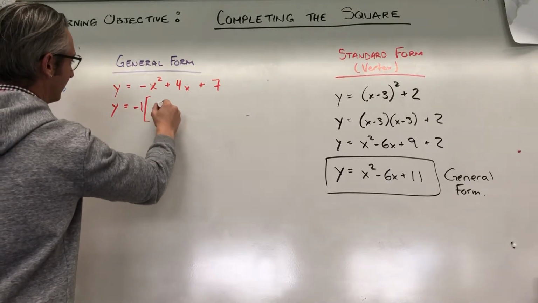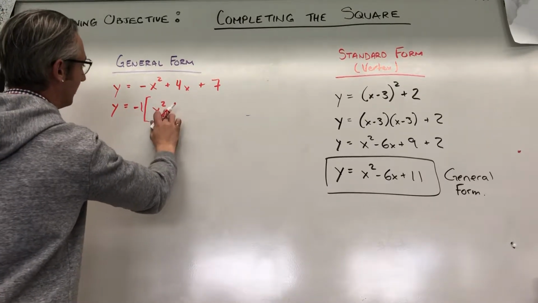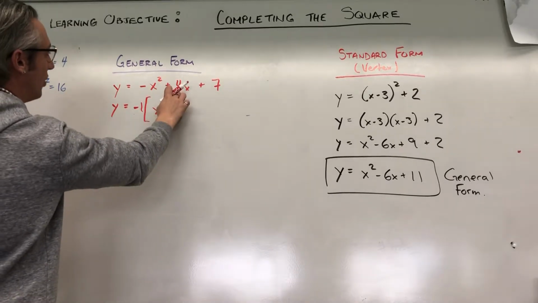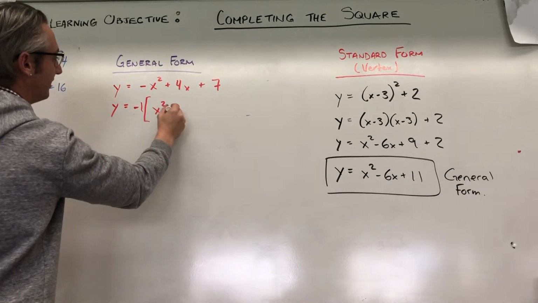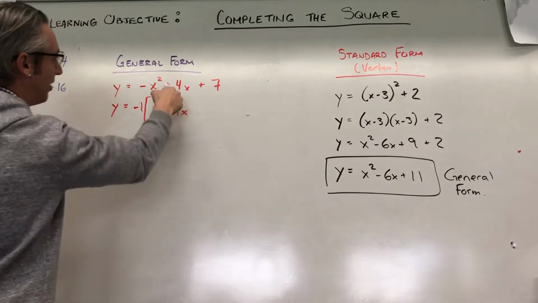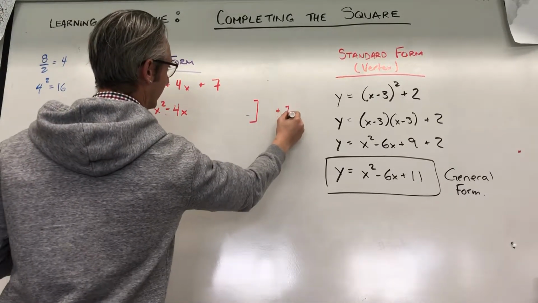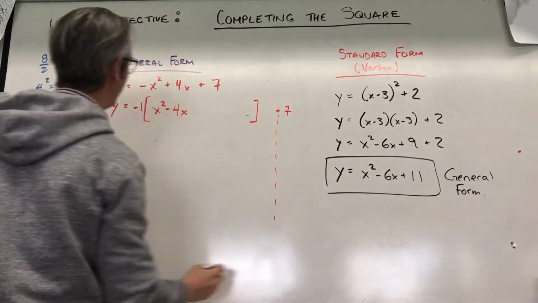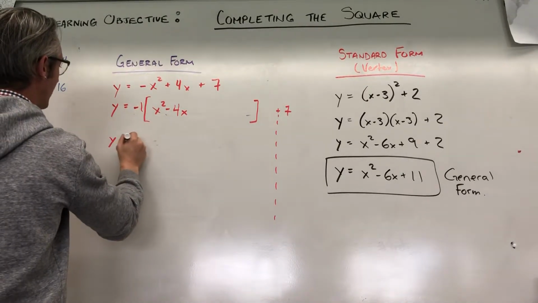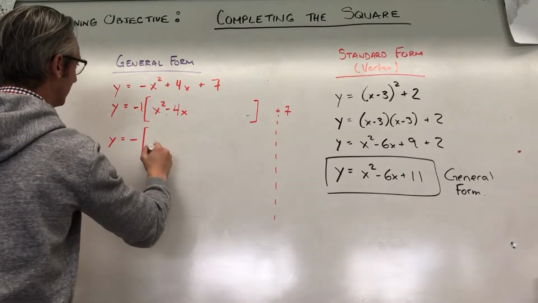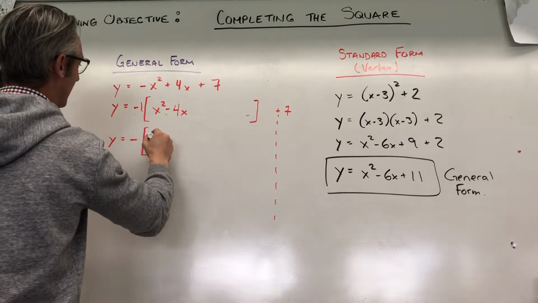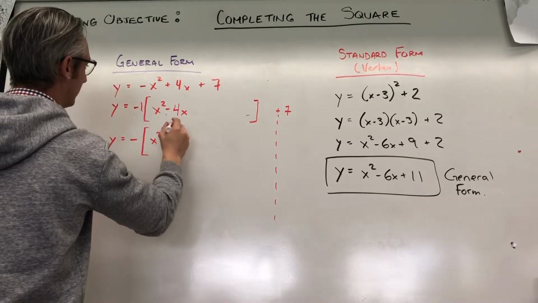So then I can do x squared plus, so negative 1 times what gives me 4x? Negative 1 times negative 4x gives me positive 4x. Plus 7. I move that 7 out. So then I get negative y is equal to negative, and then x squared.